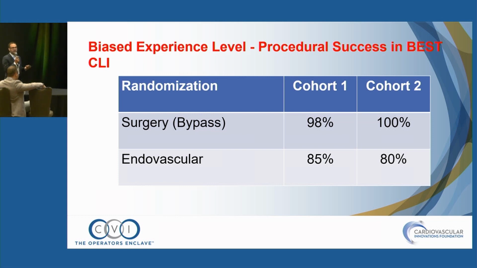The procedure we were trying to test, we were able to do it for those patients. But in the endovascular arm, 15 to 20% of the patients never got the therapy. This will be like if you're studying a drug and you don't give the drug to 15% to 20% of the patients in the arm that you're studying. Of course that arm is going to fail. And that to me is problematic, because this becomes more of an experience research rather than a technique or approach study.